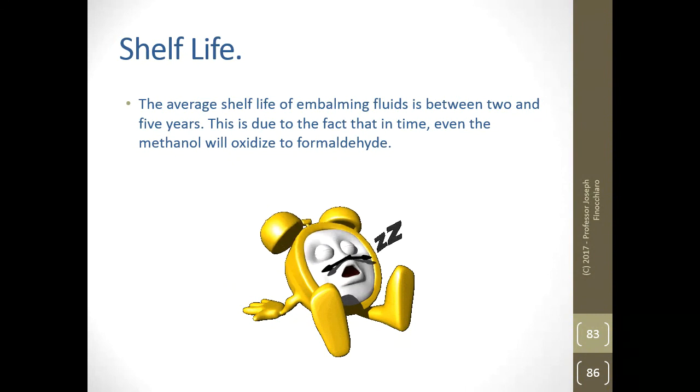This is due to the fact that in time, even methanol will oxidize to formaldehyde, and then once that's turned into formaldehyde, there's no more stabilizing agent. So it's very much a necessity that when you are purchasing, if you become responsible for purchasing chemicals in your prep room, and chemicals are coming in, that you date your shipments, that you make sure that the old stuff goes out first before you start using the stuff you just got in.